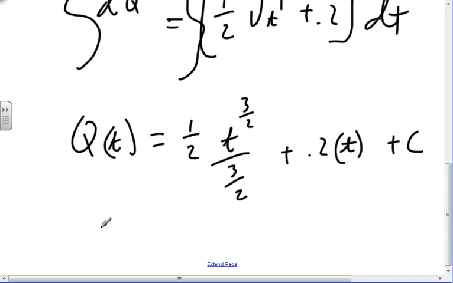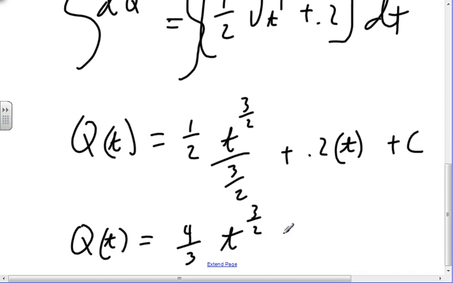So Q at t would be 4/3 t to the 3/2 plus 0.2 t, plus c.